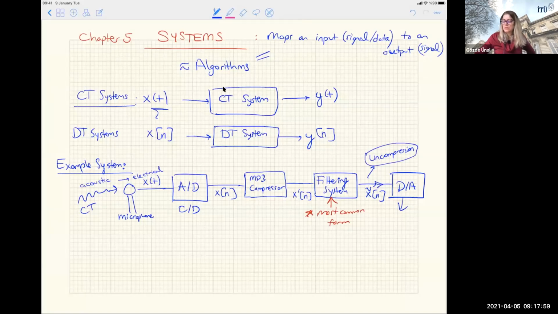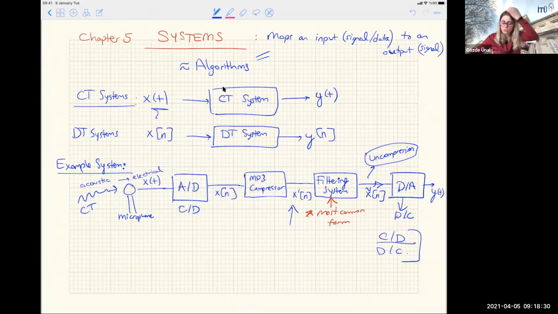But maybe it just goes directly to the digital to analog converter, or discrete to continuous converter. And here at the end, I have y of t. My output could actually be somewhere here. It could be just a discrete time signal, which is compressed and saved in your hard disk. Okay, so guys, this discrete to continuous conversion we will study again.